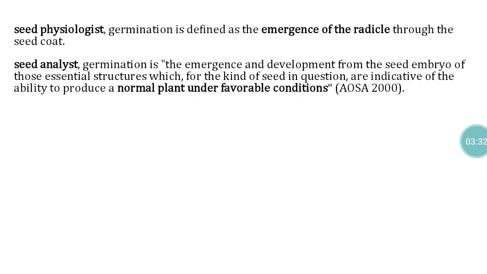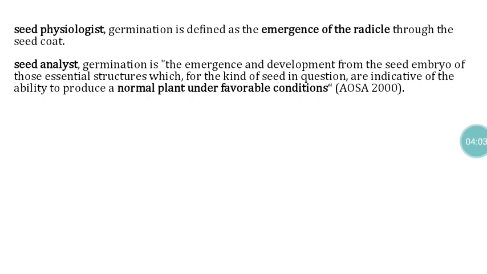This definition was given by the Association of Official Seed Analysts in the year 2000, because they are very much concerned about the outcome of the germination. Only if it is a normal seedling will they consider that seed as germinable. If the seedling that comes out of the seed through the germination process is abnormal, they never consider that particular seed as a germinable one.